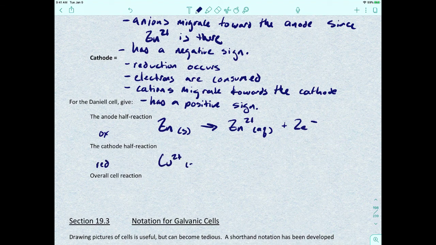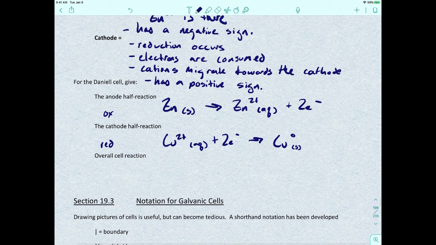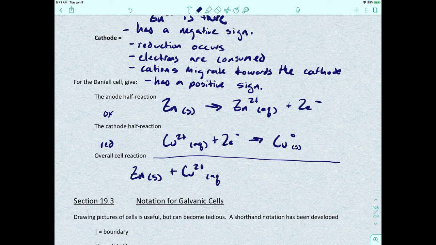Copper 2 plus is aqueous, picks up the 2 electrons, and becomes solid copper. And so if we were to add up the 2 half reactions, that gives us the overall cell reaction, which is zinc solid plus copper 2 plus aqueous yields copper solid plus zinc 2 plus.